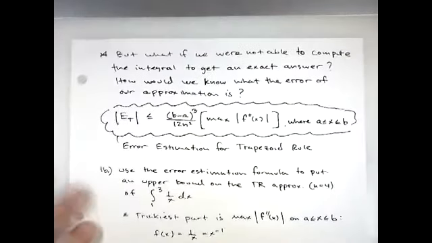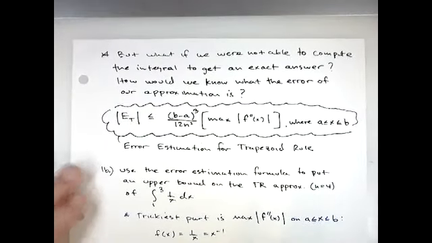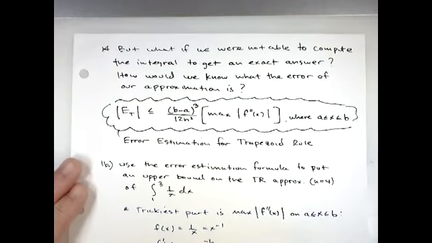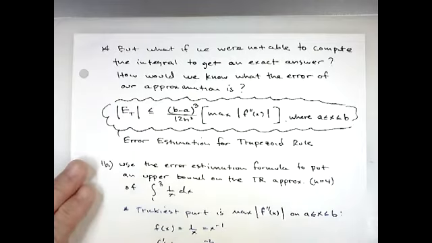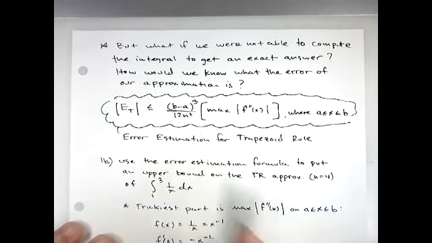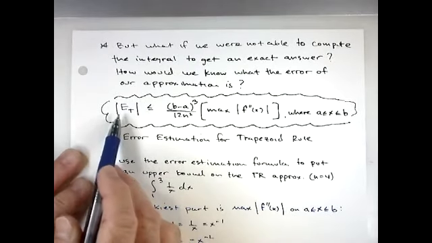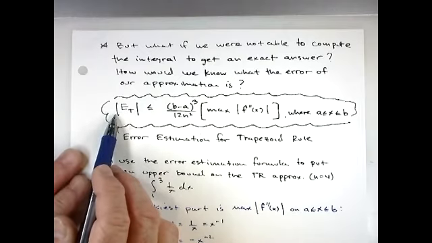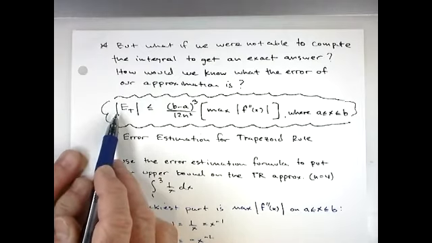Now, the question, of course, is what if we were not able to work it out? I introduced this by saying the real use of the trapezoid rule and Simpson's rule was for integrals that could not be worked out by hand with the fundamental theorem of calculus, in which case, how am I going to know what my error is? So we have what we call an error bound formula.